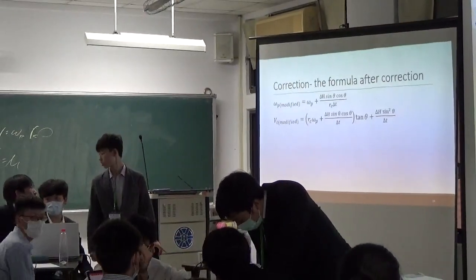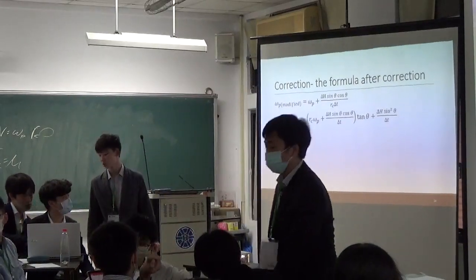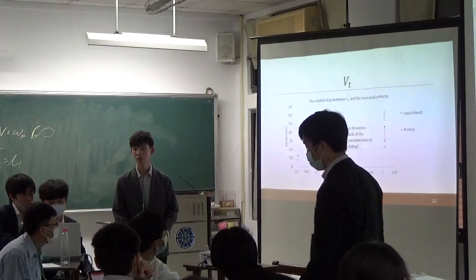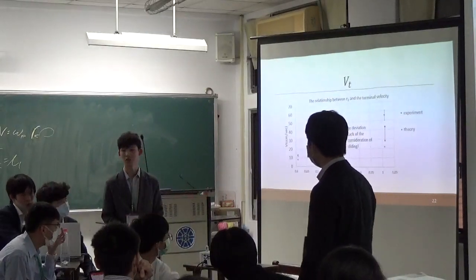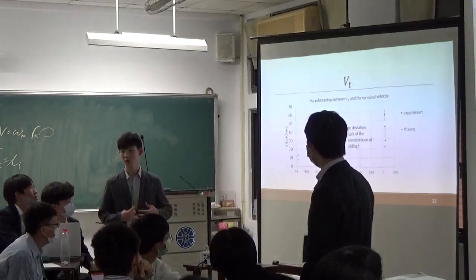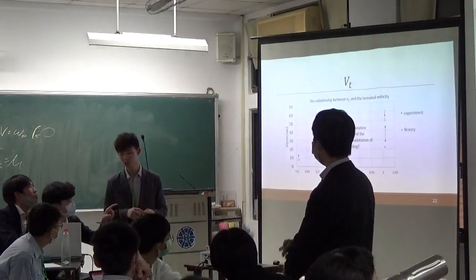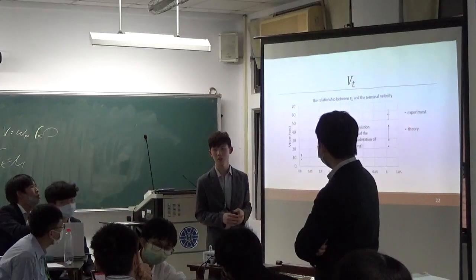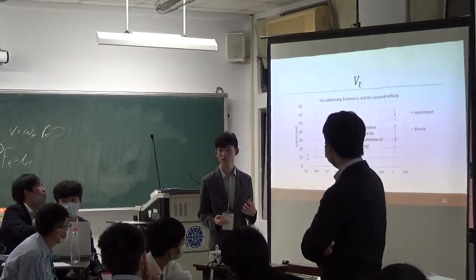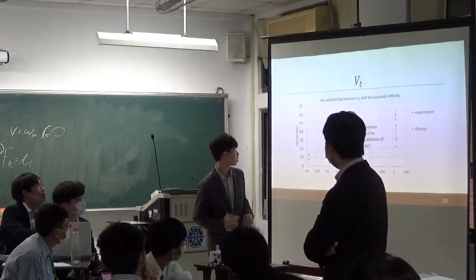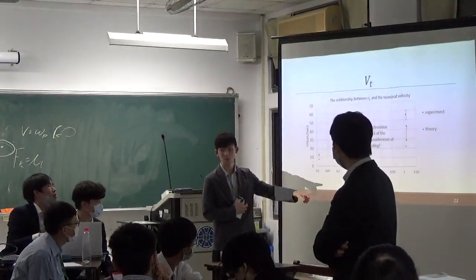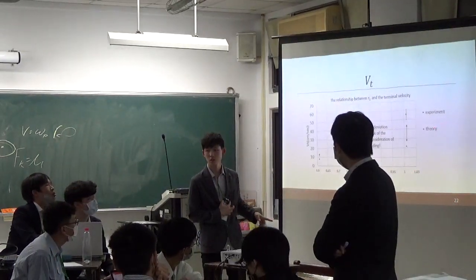You mean the correction here? I mean, you have numbers from the theory and numbers from experiments, right? Yeah, because it's the correction. So it's not our theory, it's the correction. So here, the error is because of the sliding. What are the points? So it is the terminal velocity, and which one is theory and which one is experiment?